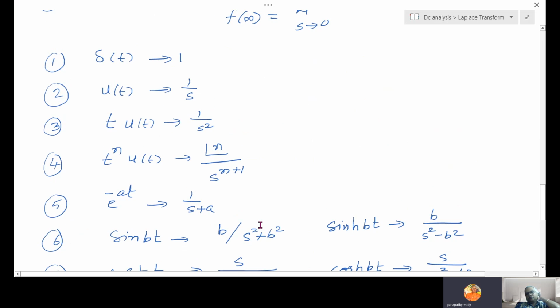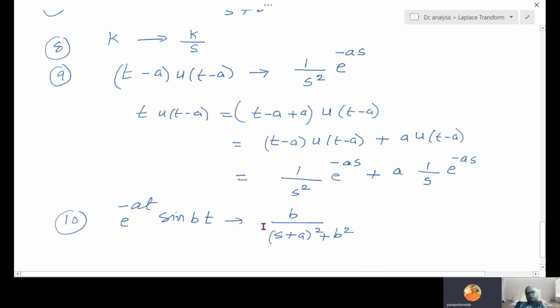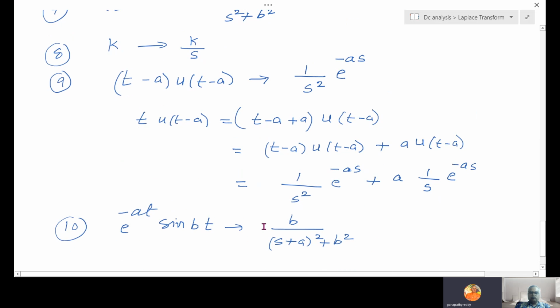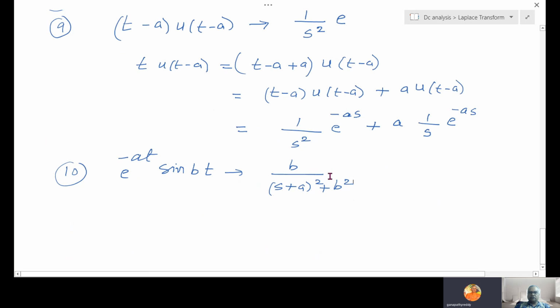Using frequency shifting. So all standard functions to Laplace transform.